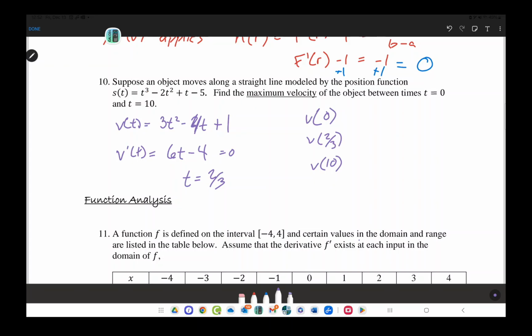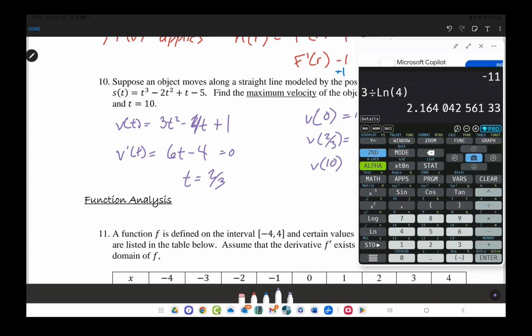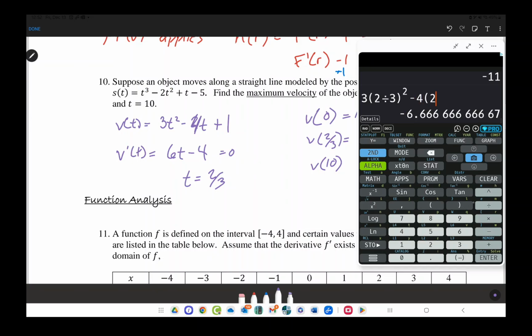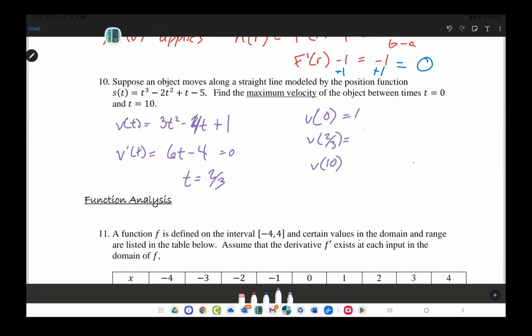So if I plug 0 into the velocity function, I get 1. Plug in 2/3, we get negative 0.3 repeating. If I plug in 10, that probably is going to be my max value here.